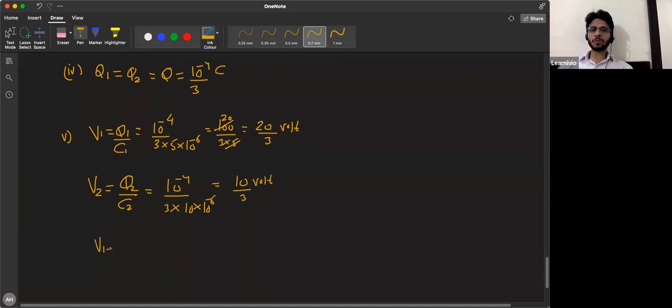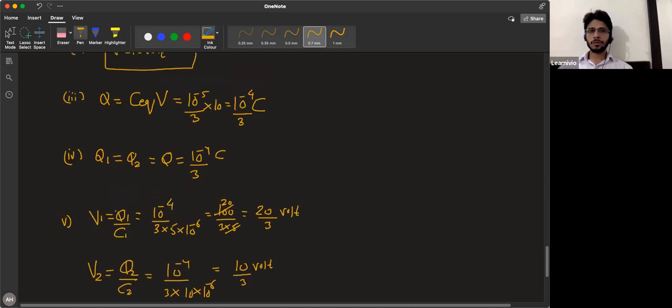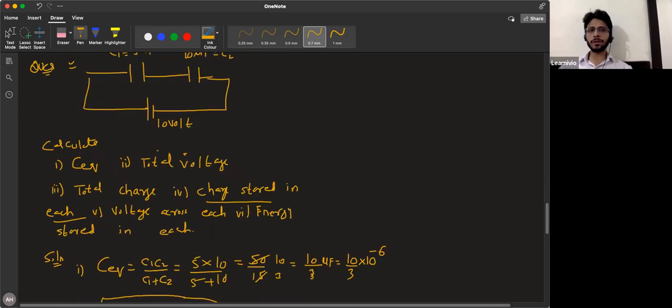Can you guess what should be the result if I add V1 and V2? See, the voltage of the battery is dividing into two capacitors, na?